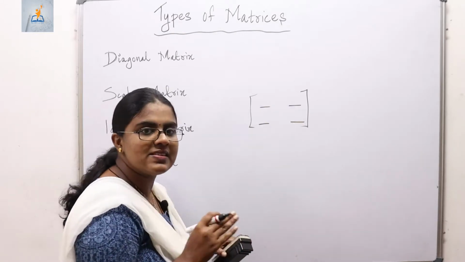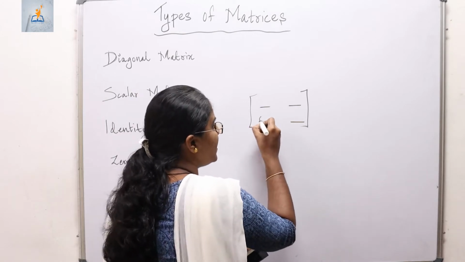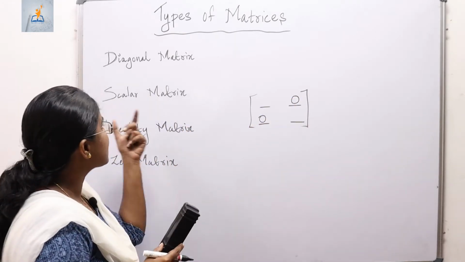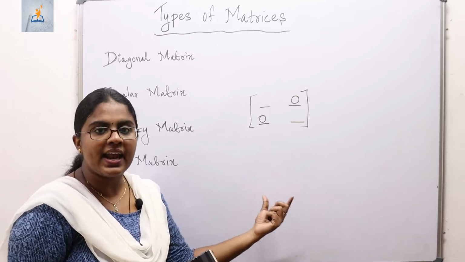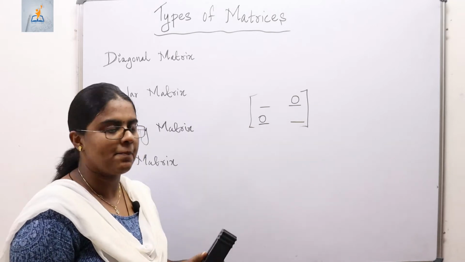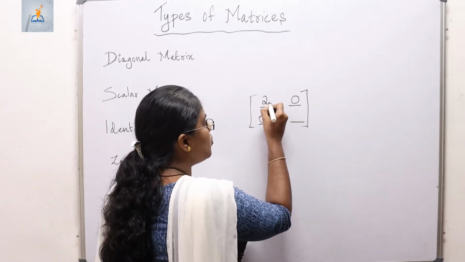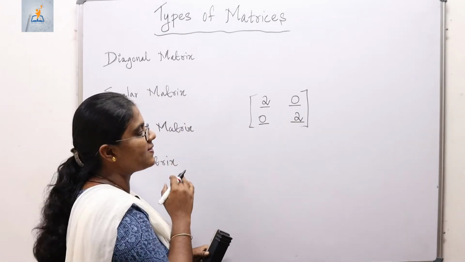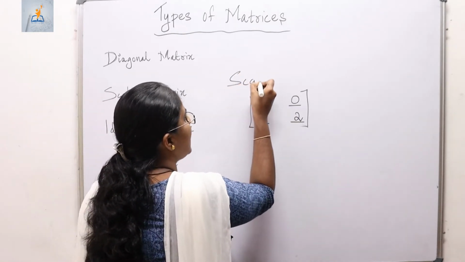Since it is a diagonal matrix, all the non-diagonal elements will be 0. So a scalar matrix is a diagonal matrix whose diagonal elements are the same. So if I put 2 here, I have to put 2 here also in order to make this matrix a scalar matrix.